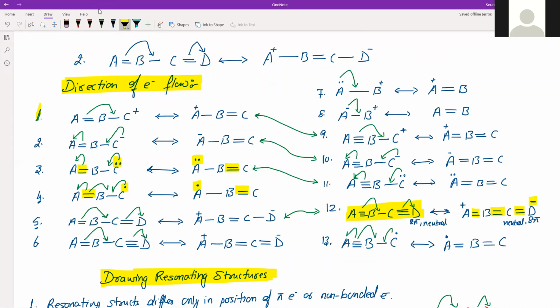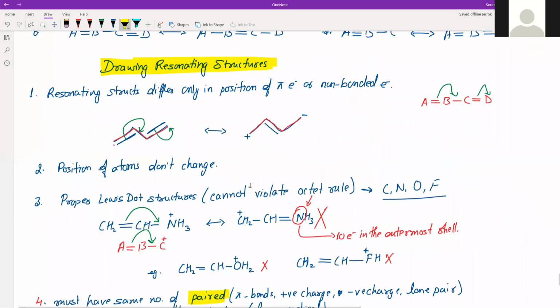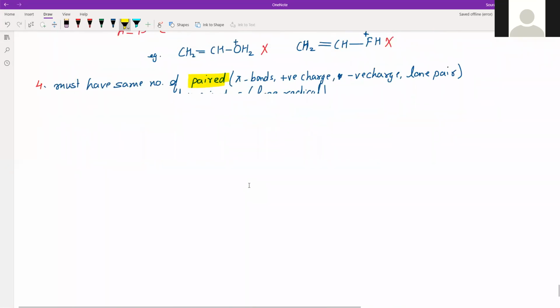Number of pi bonds, even if they change, the number of pi electrons will not change. That's what we have seen in example 12. So that was the fourth point. I have not written the example here because examples we have already seen above.